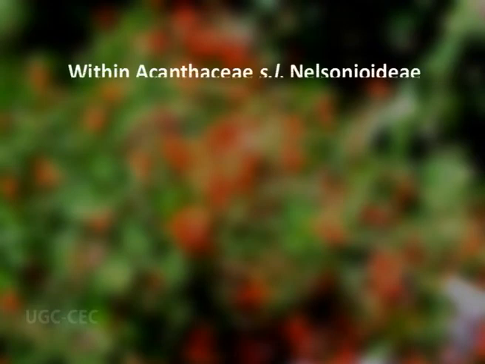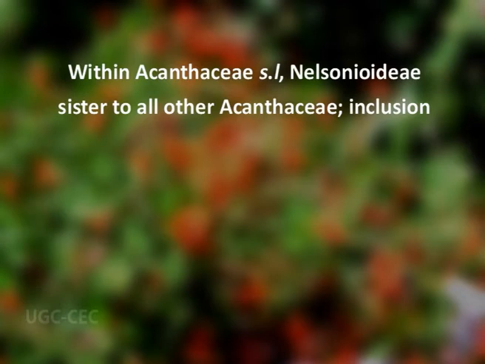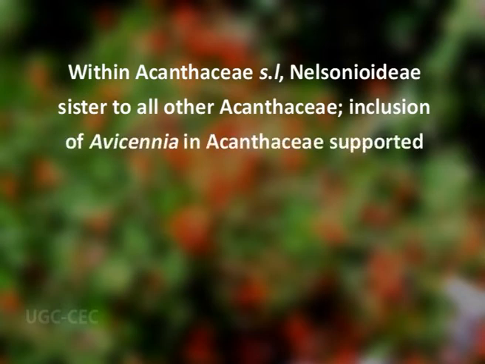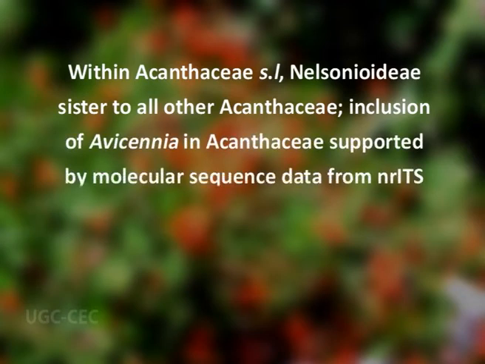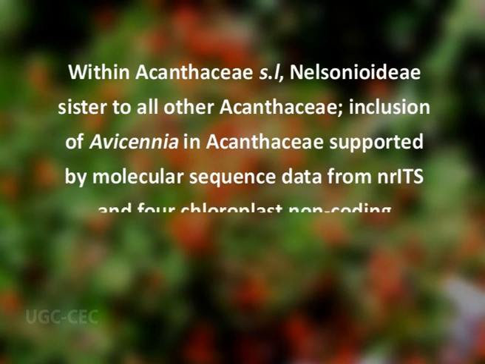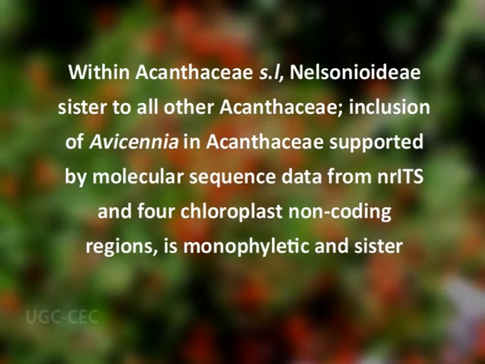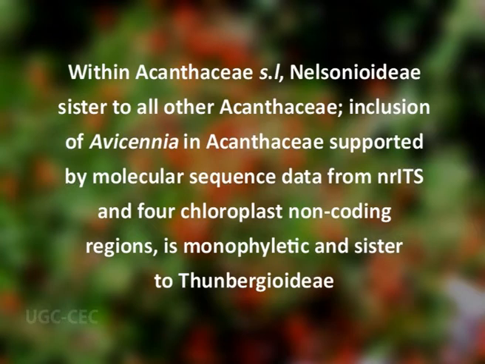Within Acanthaceae sensu lato, Nelsonioideae are sister to all other Acanthaceae. Avicennia, the inclusion of which in Acanthaceae is supported by molecular sequence data from nrITS and 4 chloroplast non-coding regions, is monophyletic and sister to Thunbergioideae.